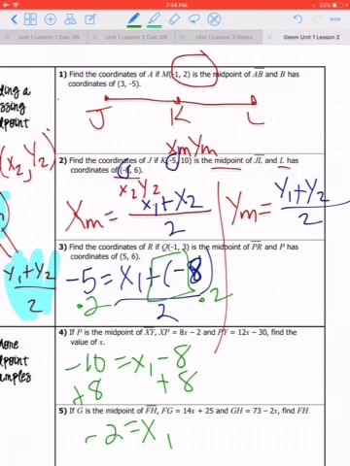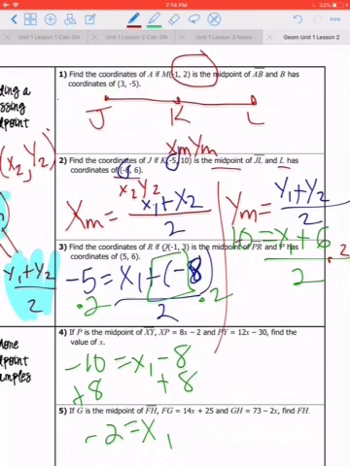Now let's plug in for the y coordinate point. Y from your midpoint is 10. And y1, we don't know that, but y2 is 6. Okay, and then let's solve.